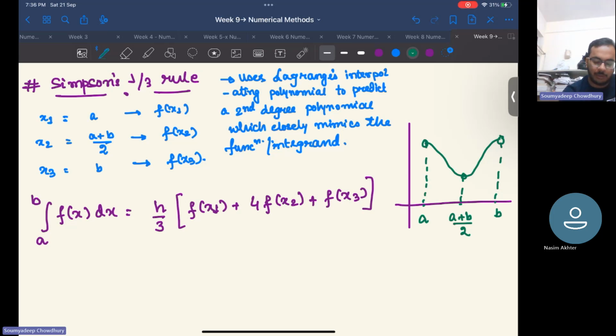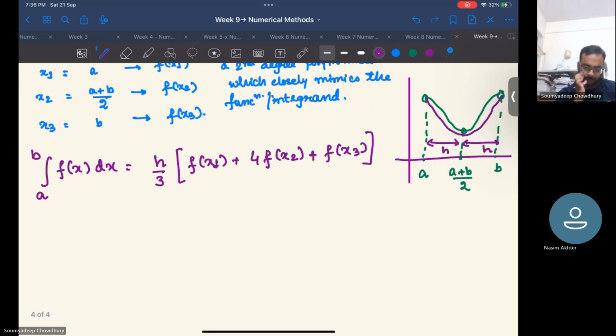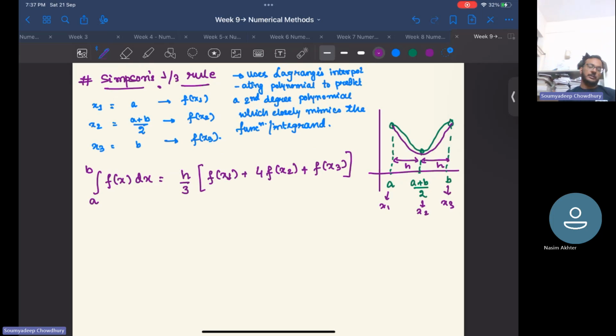In each of these subintervals, we approximate the function with a second order polynomial. This is a second order polynomial, and another second order polynomial. And this is h, and this is also h. Now we can easily understand that this is A, meaning this is x1, this is my x2, this is my x3. This is Simpson's 1/3 rule.